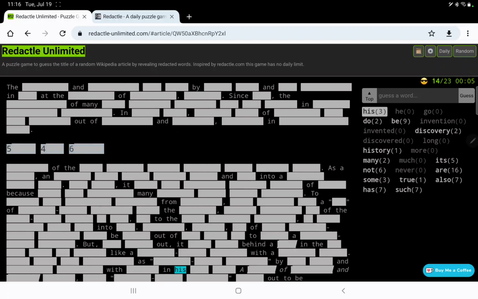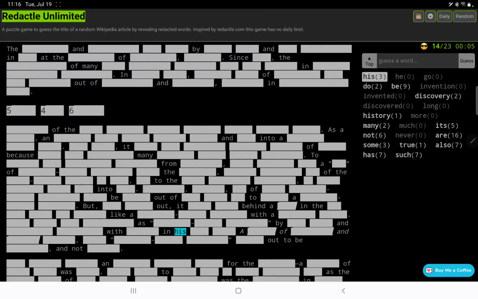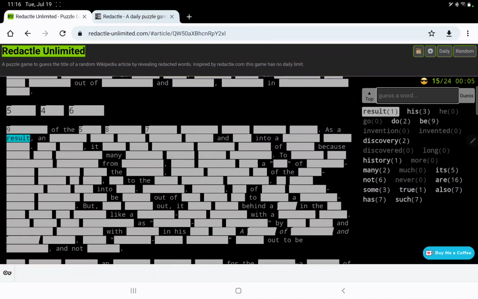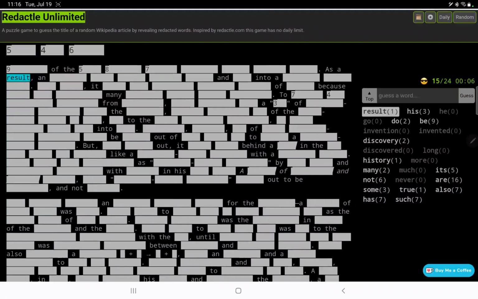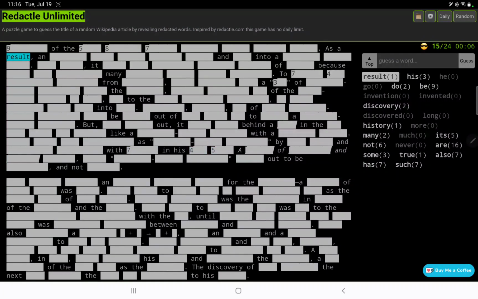Okay, then we have a 6-letter word, as a result only one result. That sounds like quite an old-fashioned book title.